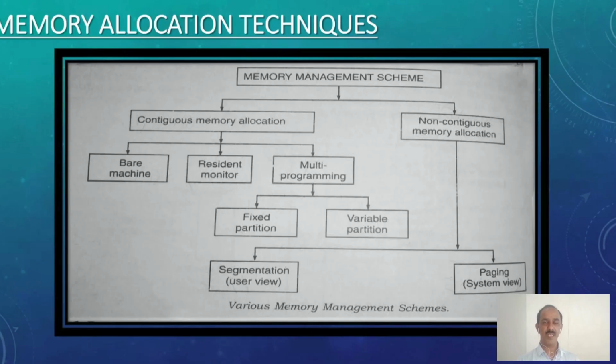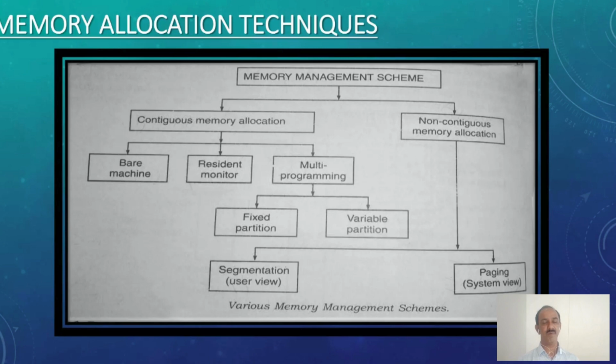Now, memory allocation techniques, basically what do we have? First, we have the memory management schemes. In that, basically we have two parts. One is continuous memory allocation, and the next one is non-continuous memory allocation.